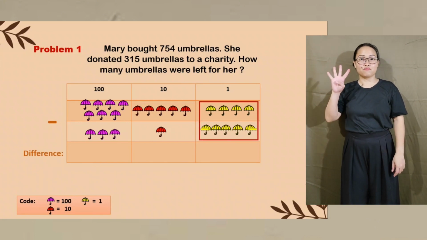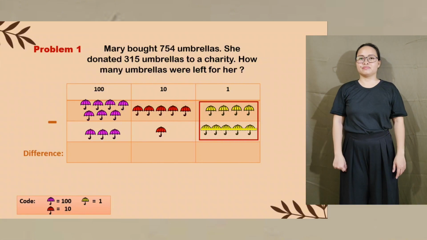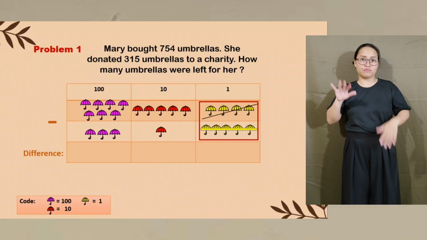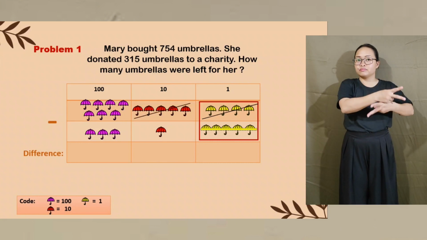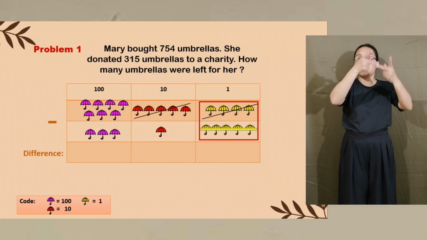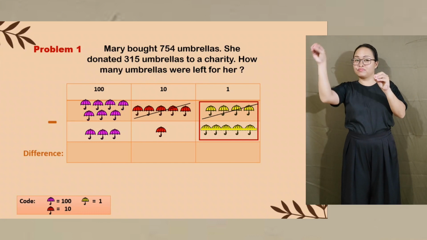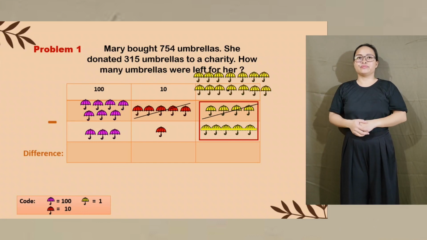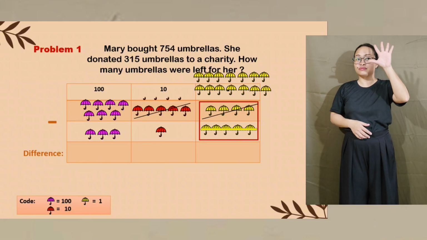So 4 minus 5. 4 minus 5 is not possible since 4 is less than 5. So we need to borrow 10 from tens place. So 4 becomes 14 and 5 becomes 4.